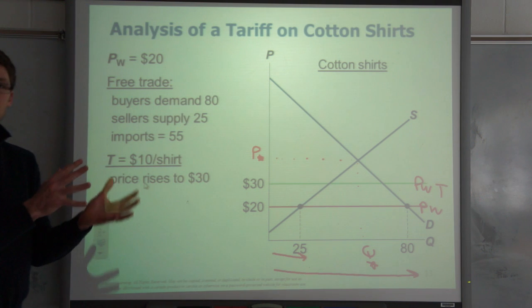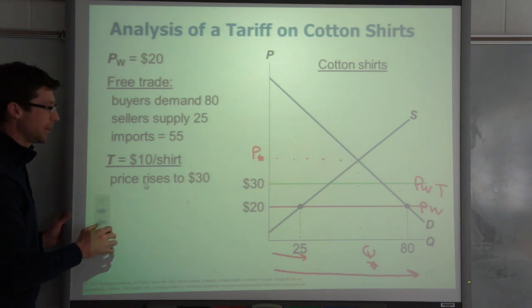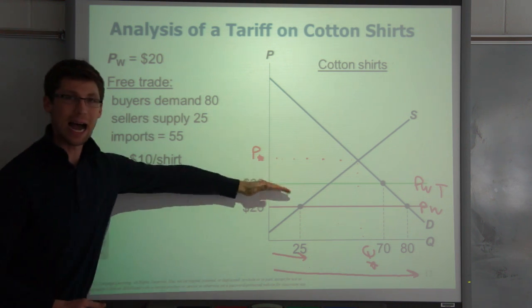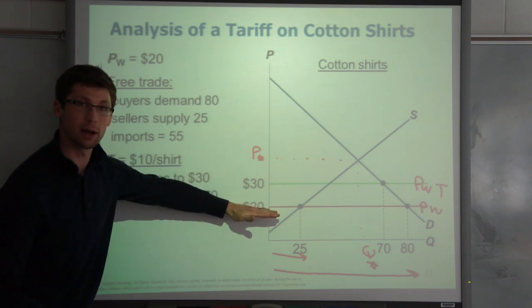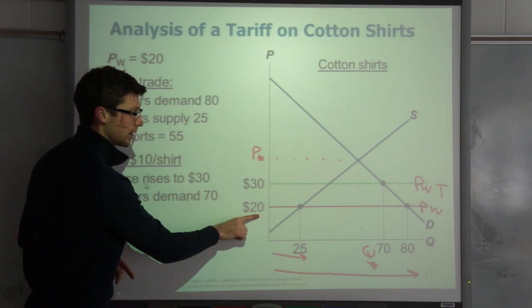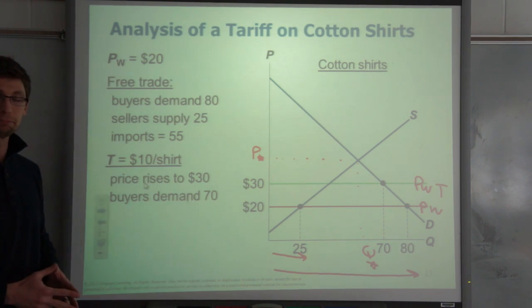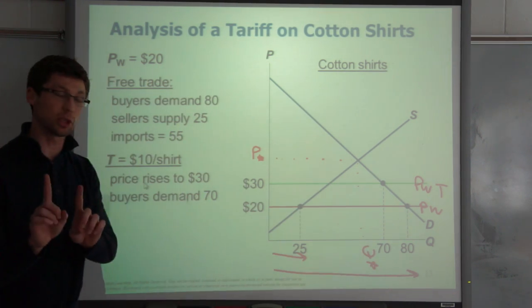Question is, how does this affect all our parties here and then our overall economic well-being? Let's take a look. Well, when we have this higher price, because now the world cannot do it for $20. They can still make the t-shirt for $20, but they can't sell it to somebody in the United States for anything less than $30. What we find now is we've driven some American consumers out.